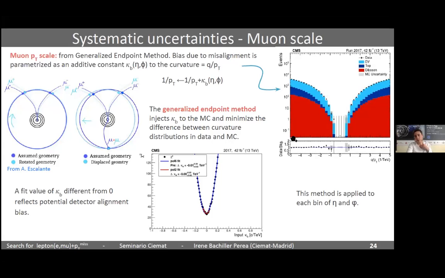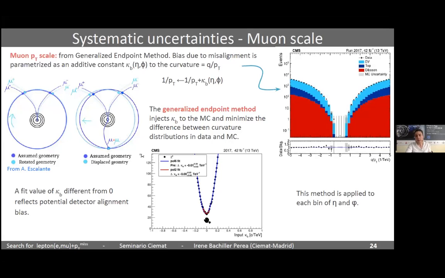The distribution of the curvature is shown on the top right plot, from -5 to 5, so it's already the high PT region. Then what the generalized endpoint method does is inject a bias into the Monte Carlo and then minimize the difference between the curvature in this distribution, the curvature between data and Monte Carlo.